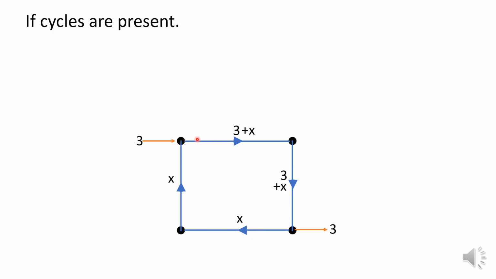Just verify this. The x could be anything. You can put x equal to 5, 10, anything, and it will give you a solution. It will give you something that solves the equilibrium conditions. So there's no unique solution when you have cycles in your network.